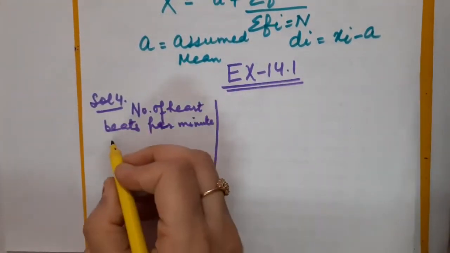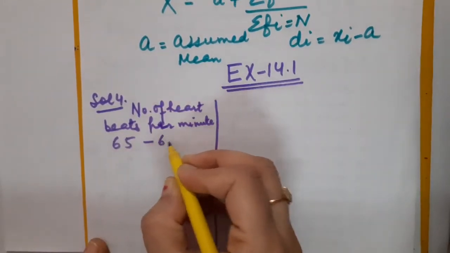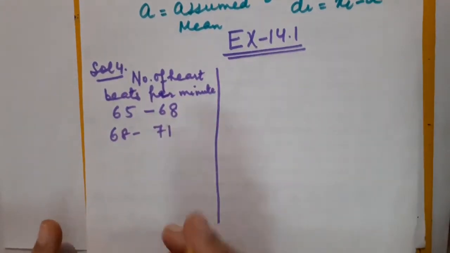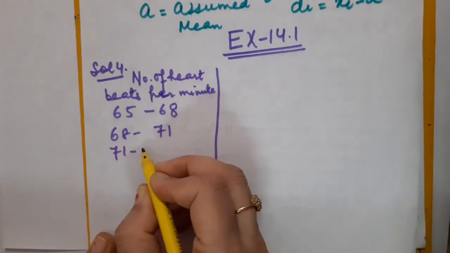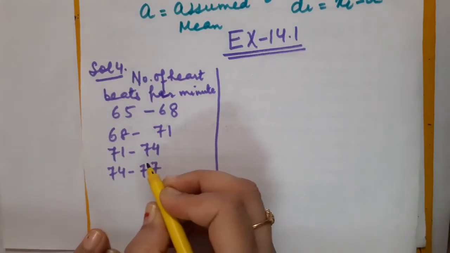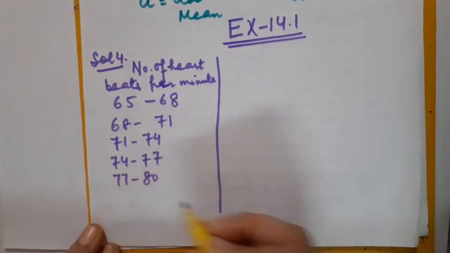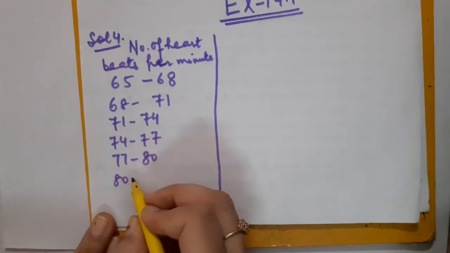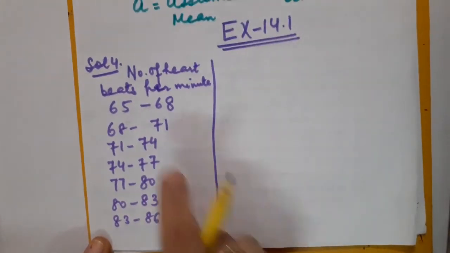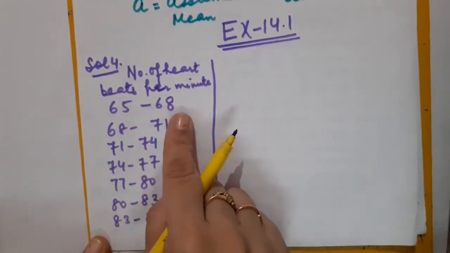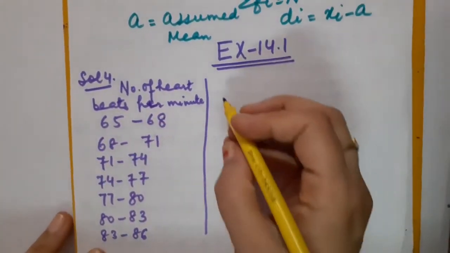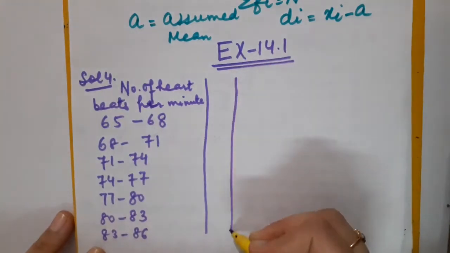It is given to us as 65 to 68, 68 to 71, 71 to 74, 74 to 77, 77 to 80, 80 to 83, and 83 to 86. Children, here you can see that the gap between the upper limit and the lower limit is 3. Now I am going to write down the number of women.